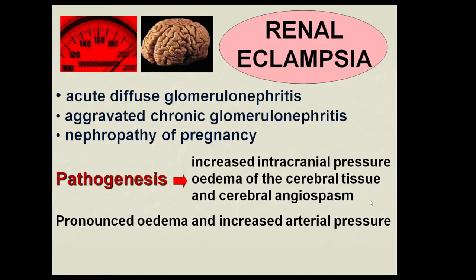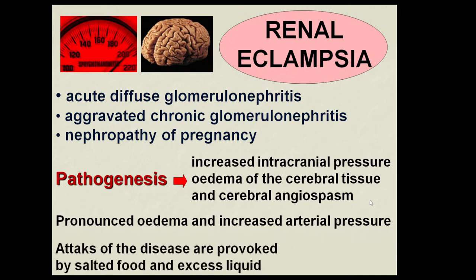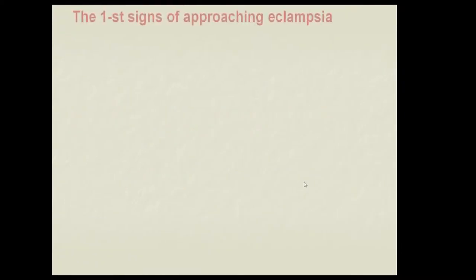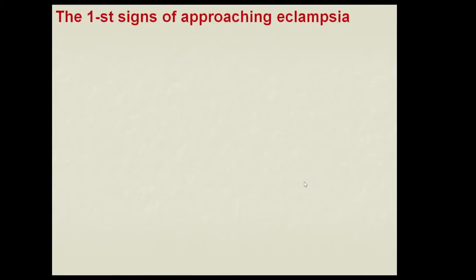If the patient does not follow your recommendations, edema progresses, pressure increases, and as a result systemic blood pressure finishes with increased intracranial pressure, edema of cerebral tissue due to cerebral angiopathy, and specific convulsions. These are the first signs of approaching eclampsia, which can still be stopped.